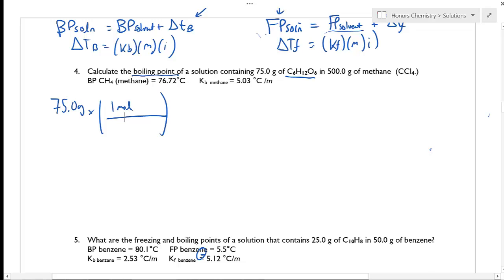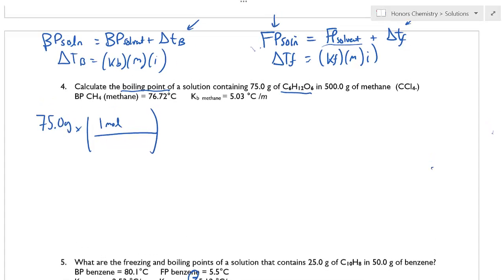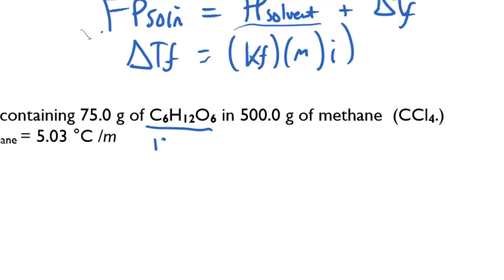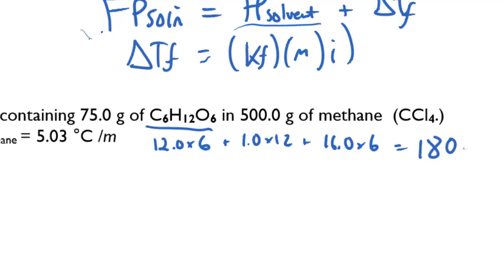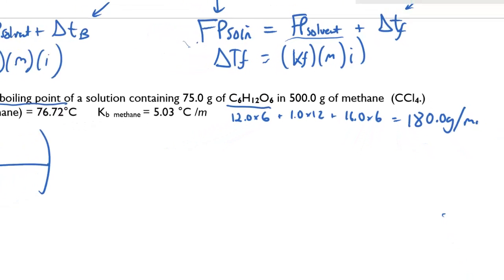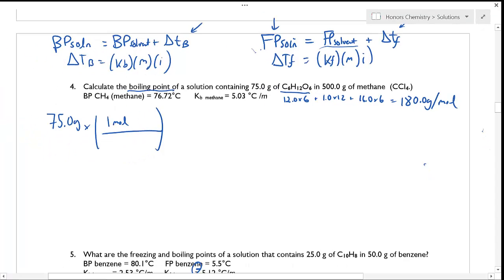I look at my formula, and we're just going to add up everything: 12.0 times 6, plus 1.0 times 12, plus 16.0 times 6, and we're going to get 180.0 grams per mole for this solute. I'm going to plug that in, and we're going to find that we have a total of 0.417 moles of solute dissolved.